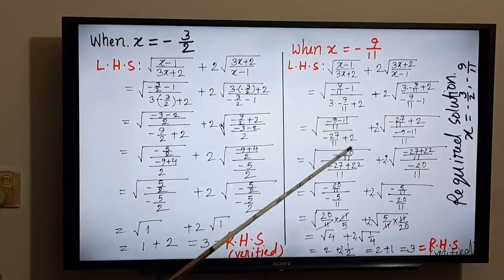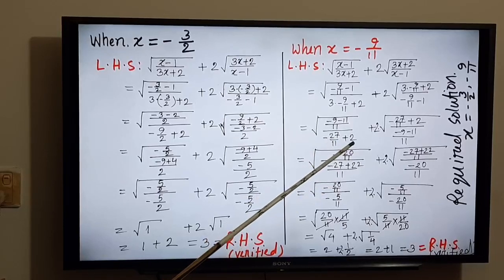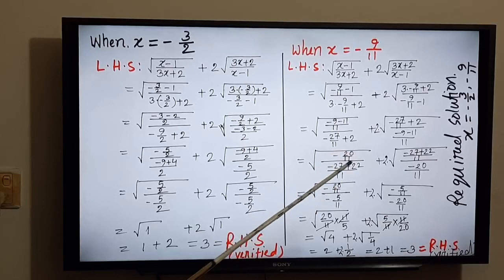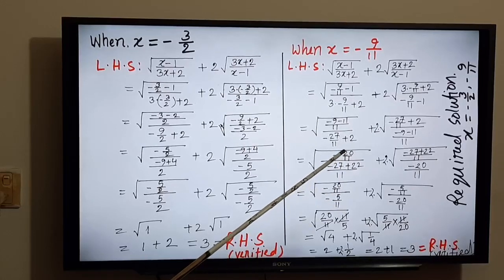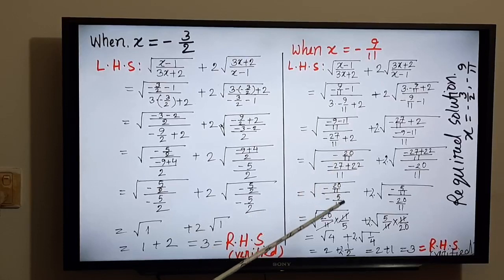So minus 20 divided by 11, and in this term 11 is the LCM in the denominator. So 11 into 2 is 22. So minus 27 plus 22 is equal to minus 5 divided by 11, and the numerator has not changed, minus 20 divided by 11.